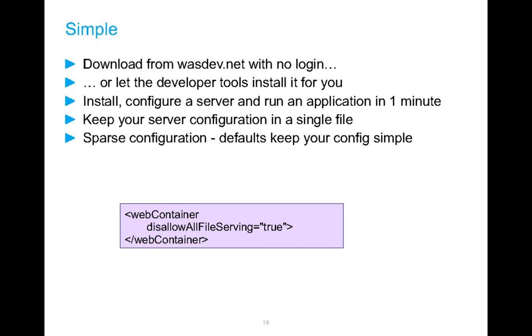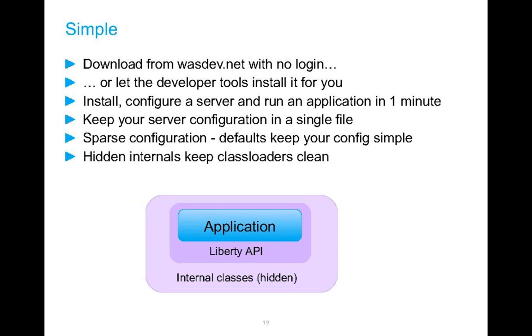And then finally, this is an important point: hidden internal classes in the class loader. What does that mean actually? In most app servers, including traditional WAS, there is a problem known as bleeding of the internal classes. Suppose the app server internally uses a particular library. Now, when your application also uses that same library, there would be a conflict.